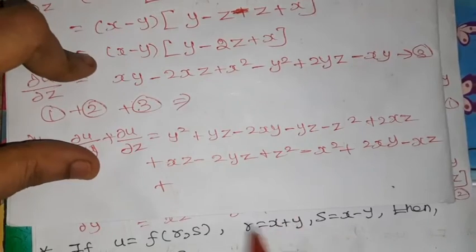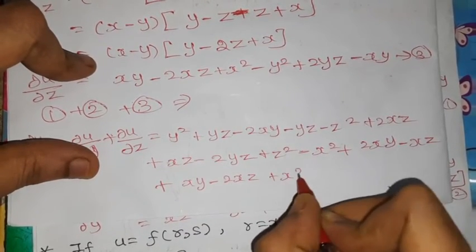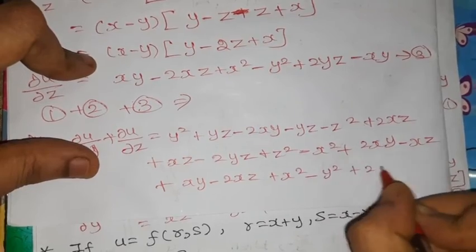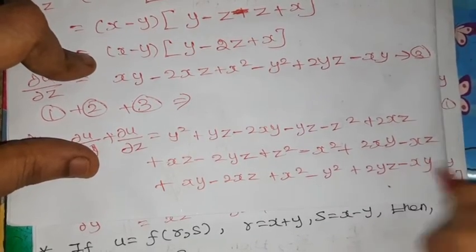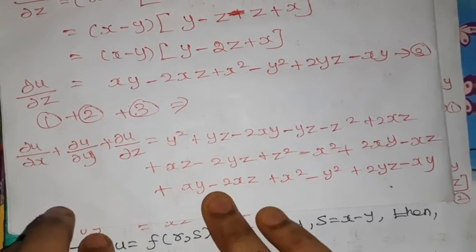Equation 3 is nothing but here xy minus 2xz plus x square minus y square plus 2yz minus xy. See, we are getting these long terms.